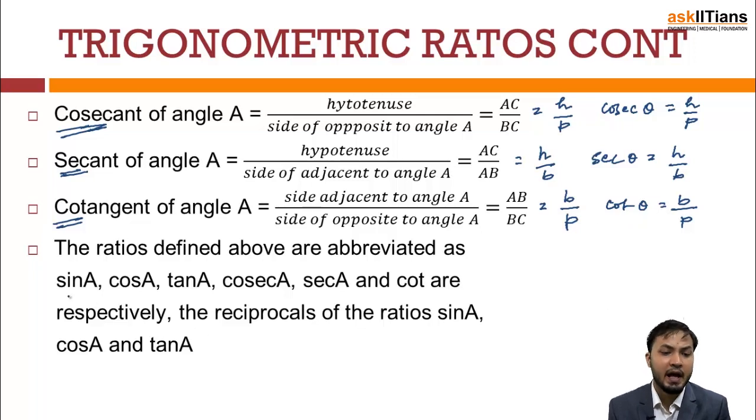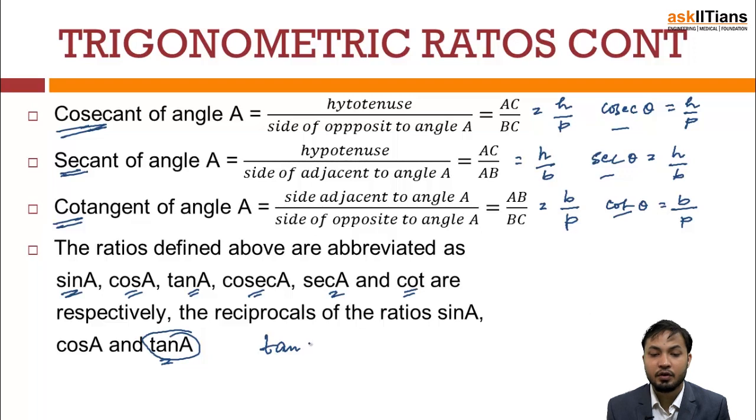How? I have my sine A, cos A, tan A, cosec A, sec A, and cot A. Now we know that the reciprocals of sine, cos, and tan are cosec, sec, and cot. So if I am given sine, cos, and tan, I can directly take out these. But it is also important to understand that if I know sine and cos, I can basically define tan. Why?